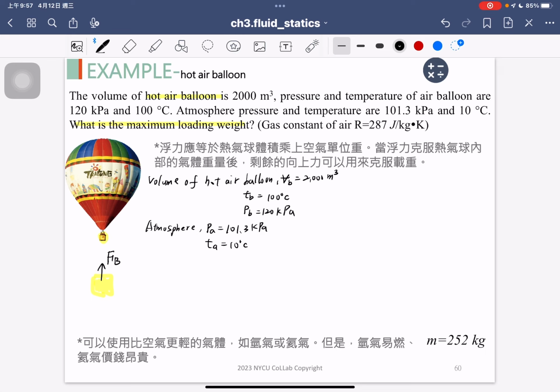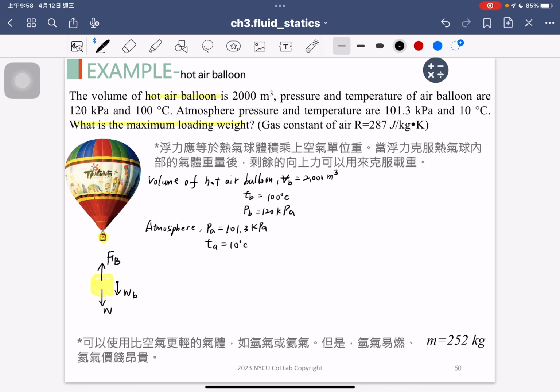And there are the people, so we have the people weight. And we also have the weight contributed by the balloon. So that's the force diagram.